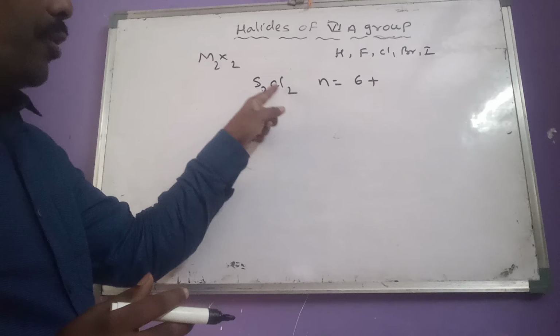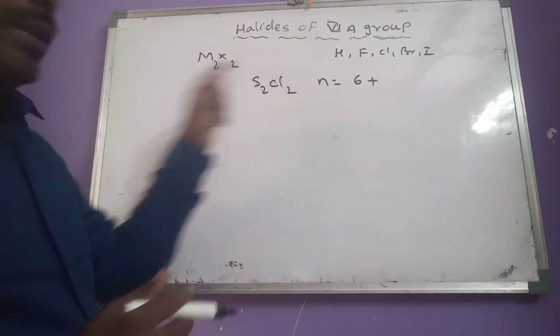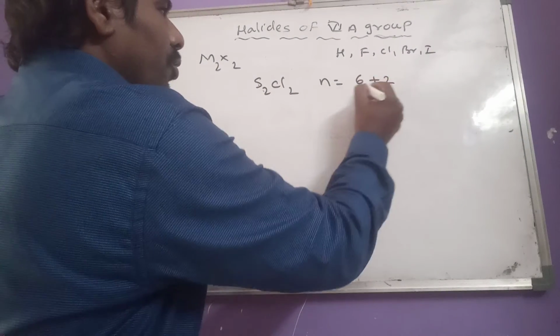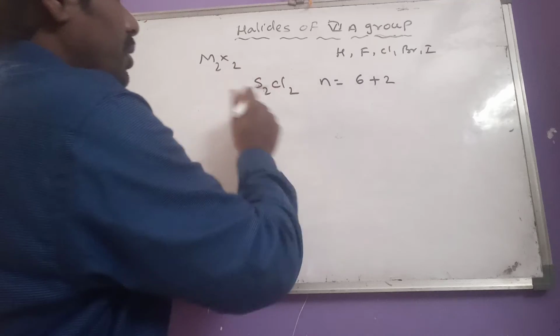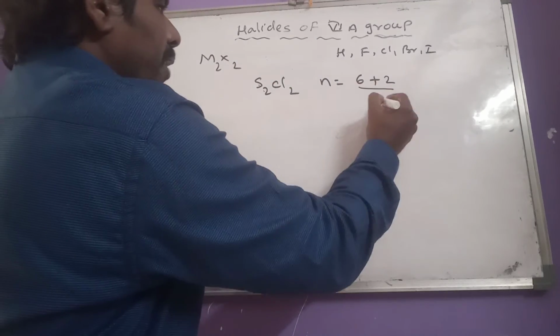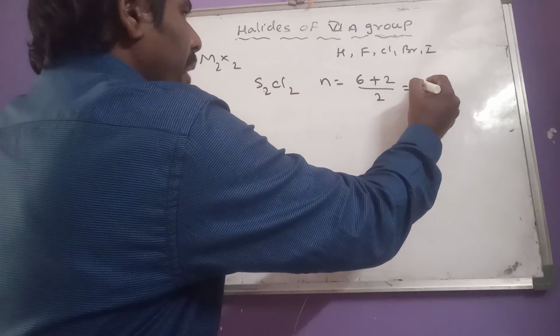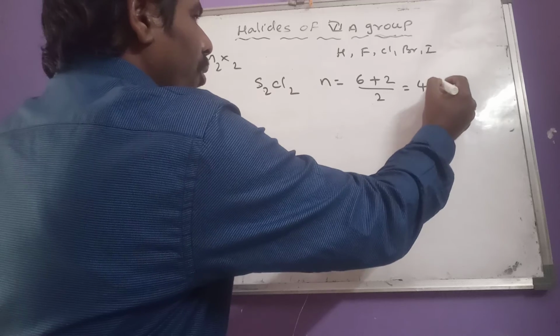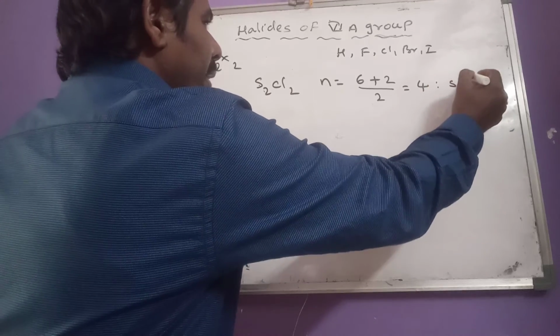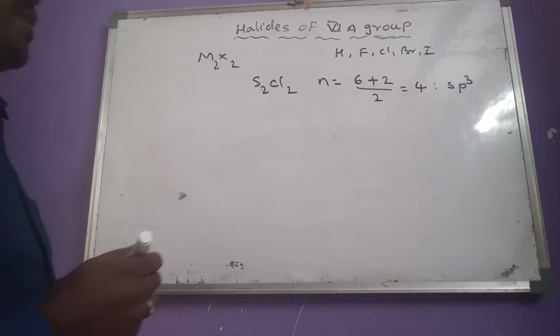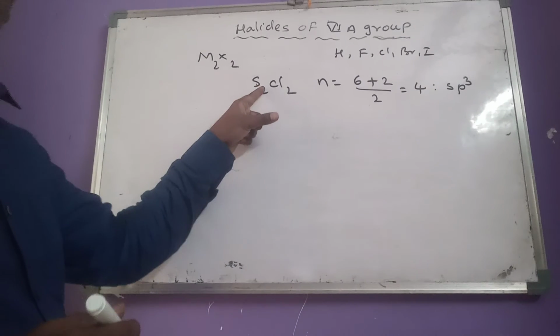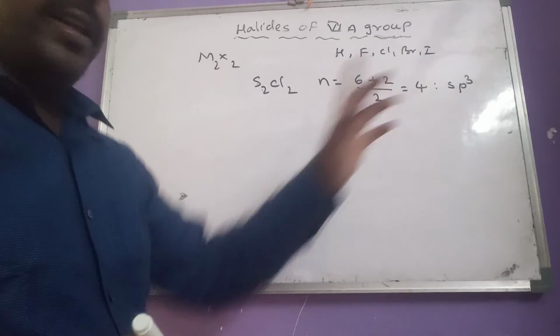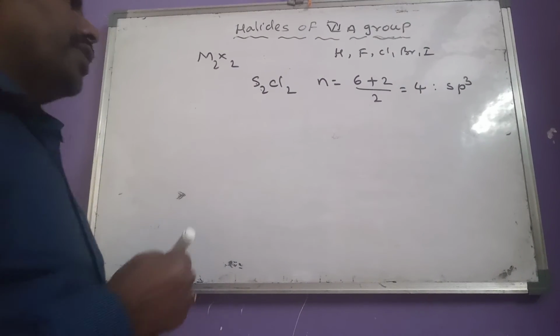And number of monovalent atoms, how many? 2. So 6 plus 2 minus charge, no charge here. So 6 plus 2 by 2, 8 by 2 means we get 4. 4 hybrid orbitals means hybridization of this central sulfur is sp3.